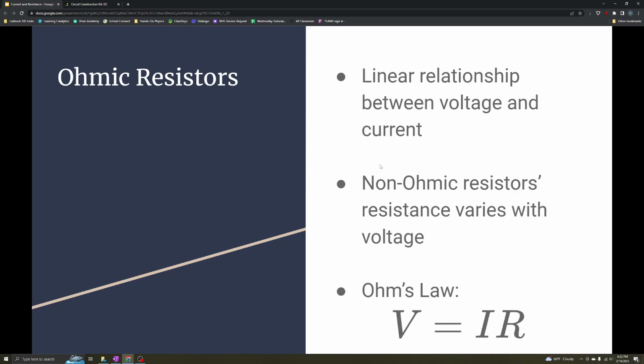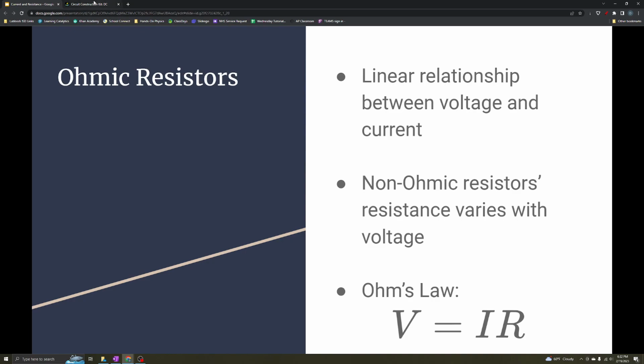Now, resistors can be classified in two ways. They can be classified as ohmic resistors, or as non-ohmic resistors. And what it means to be ohmic is for there to be a linear relationship between voltage and current, which basically means that as I increase the voltage across a resistor, I'm going to see the current increase by the same proportion.